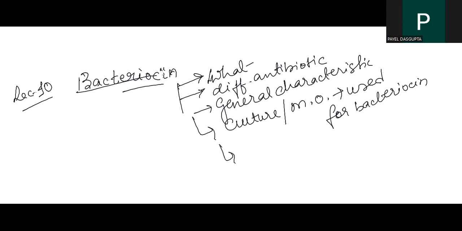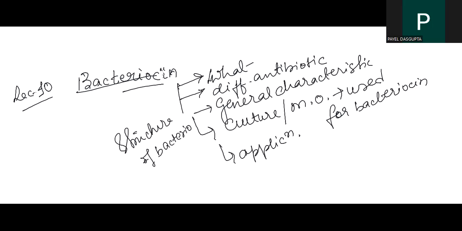So we will be dealing with these, and the structure of bacteriocin. The outline of the lecture goes: what is bacteriocin, the difference between bacteriocin and antibiotic, general characteristics of bacteriocin, the culture of the microorganism used for bacteriocin production, application, and what is the structure of them.